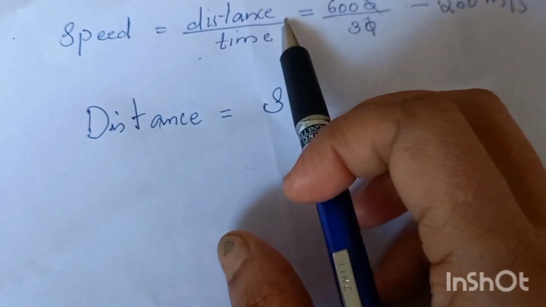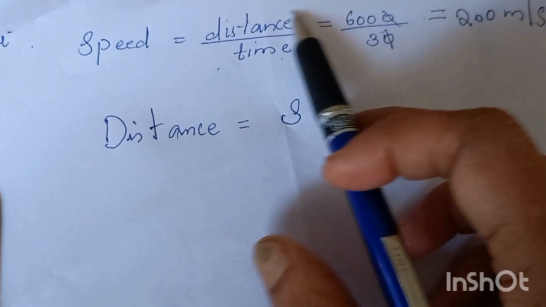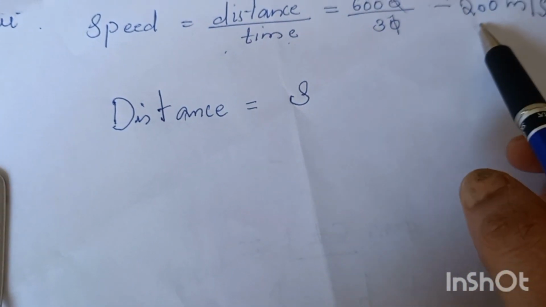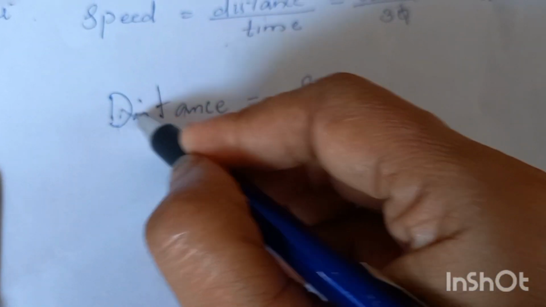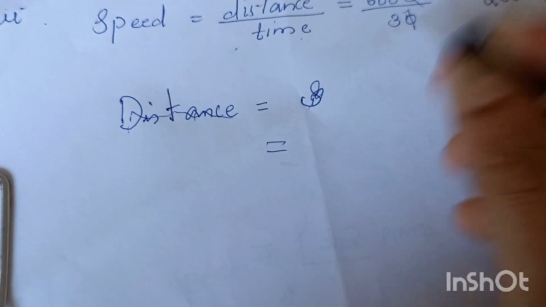Speed is equal to distance divided by time taken. So distance is equal to 6000 divided by 30. So we get 200 meter per second. So next we have to find the speed in kilometer per hour.